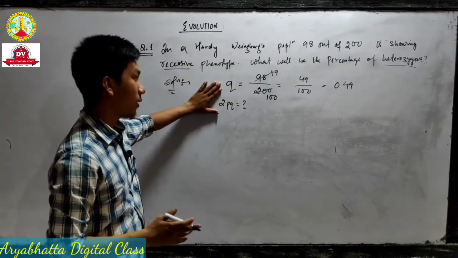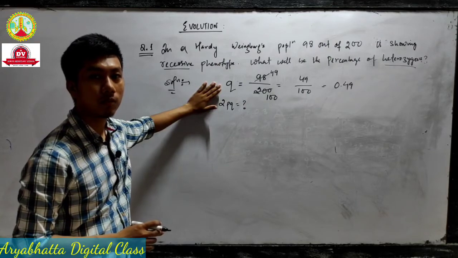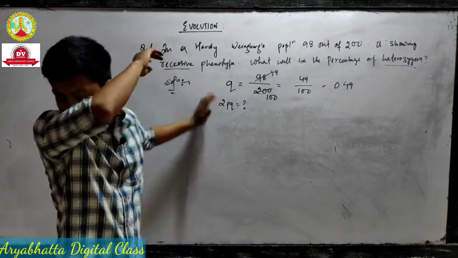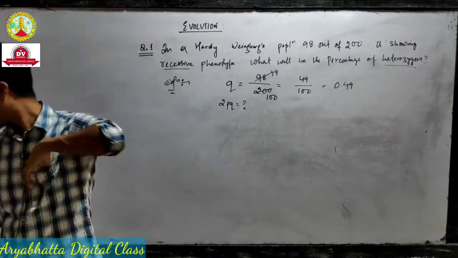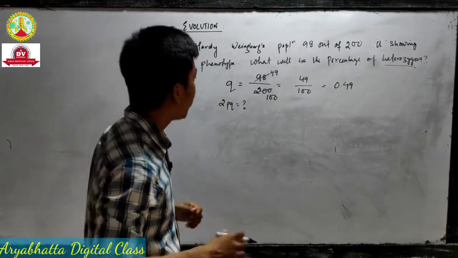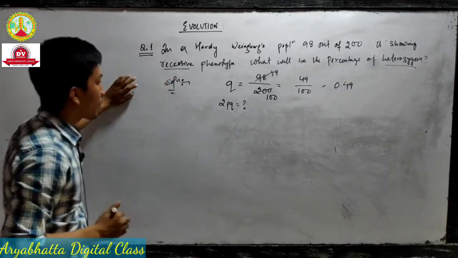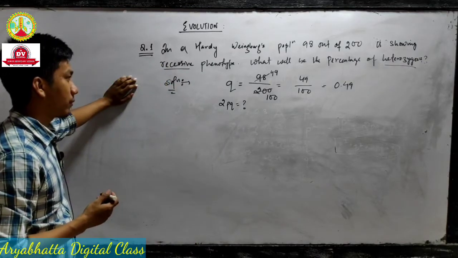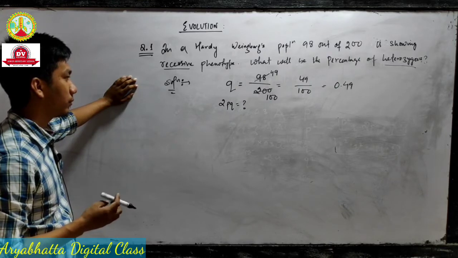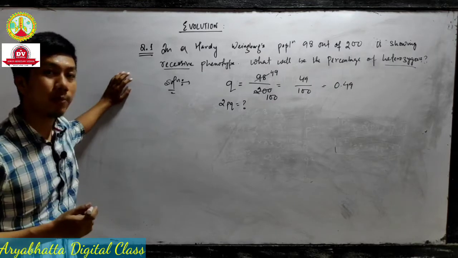Now Q we got as 0.49. Now we need to find P.